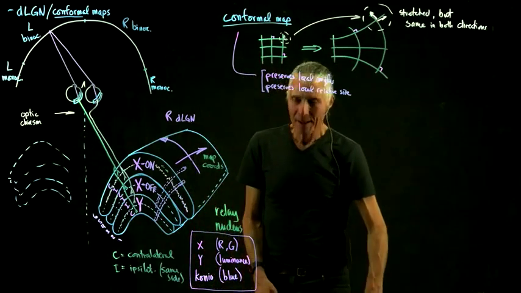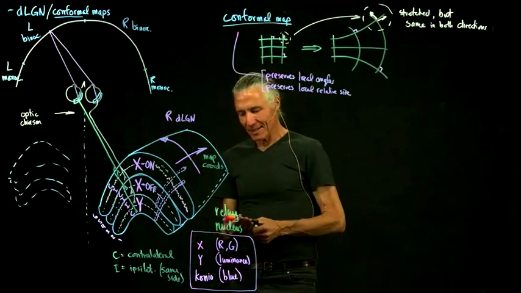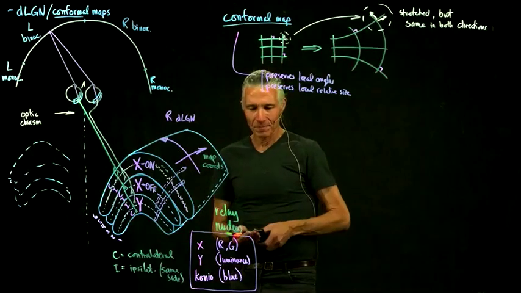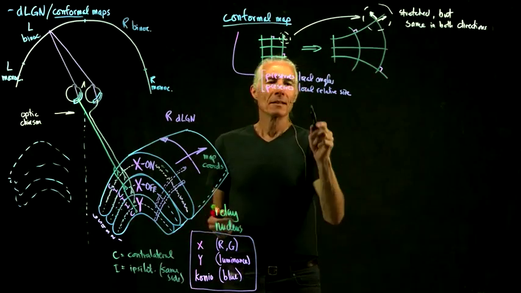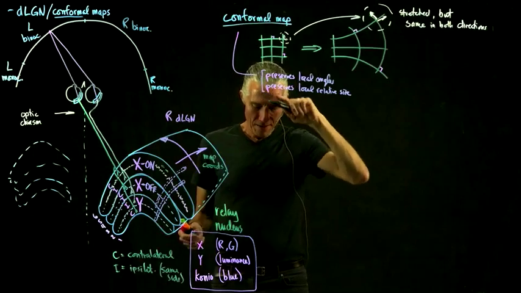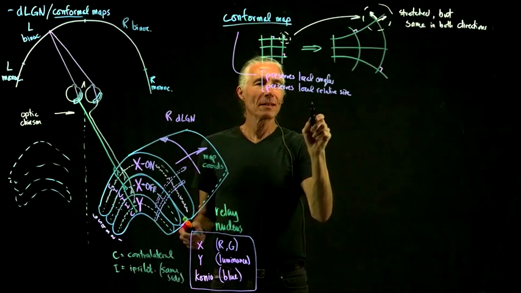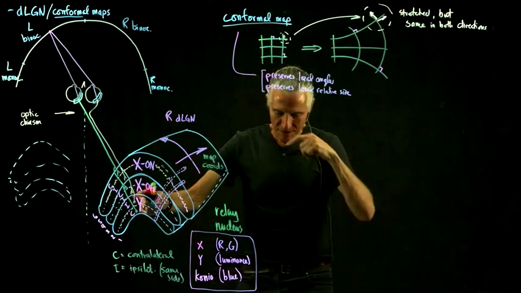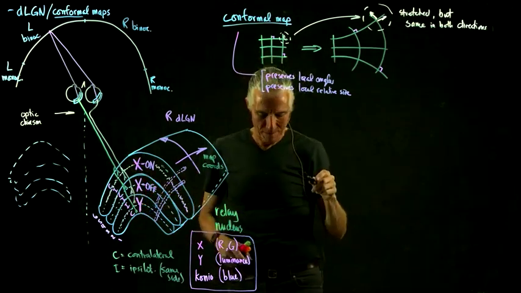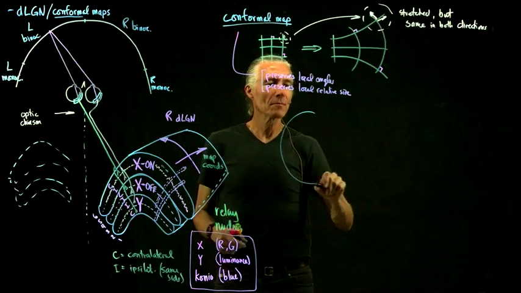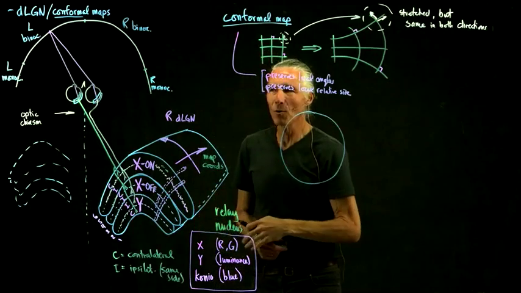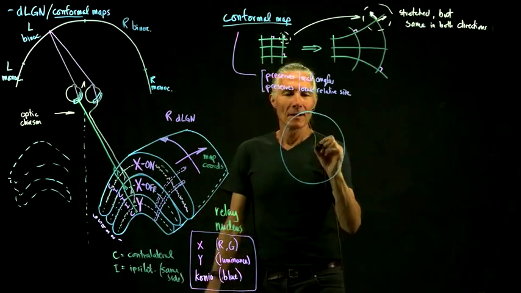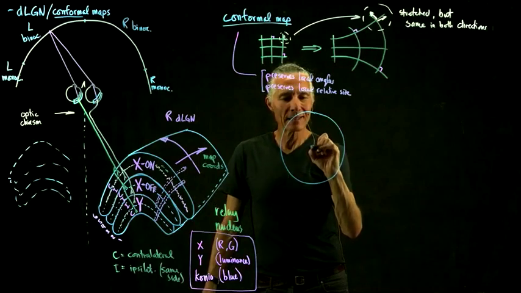So let's just take an example of the retina here. If we take the whole retina, we've got a high density of cells in the middle of the retina like that.